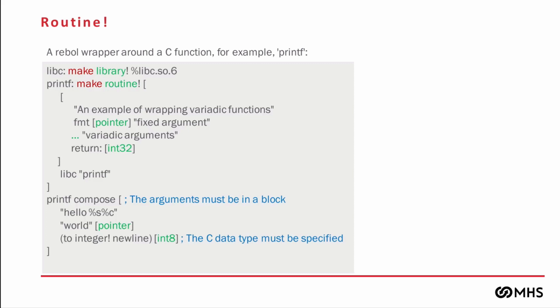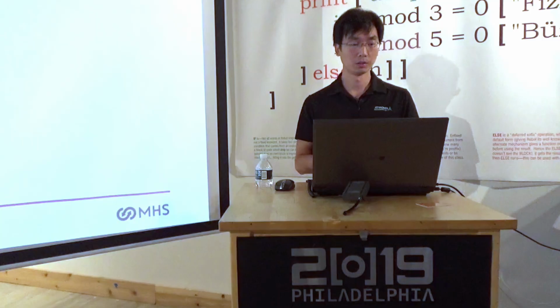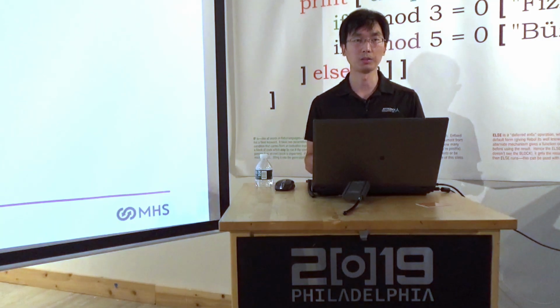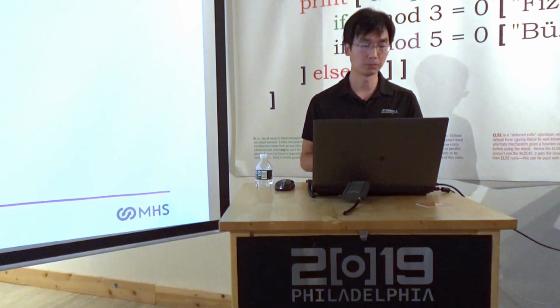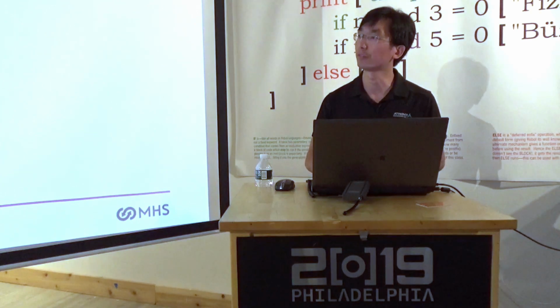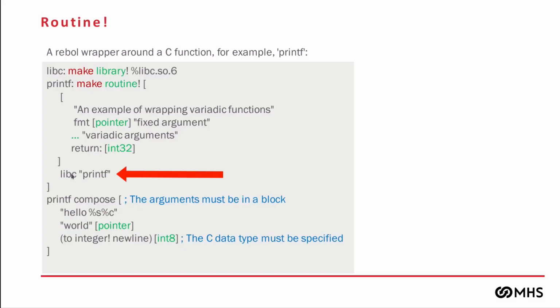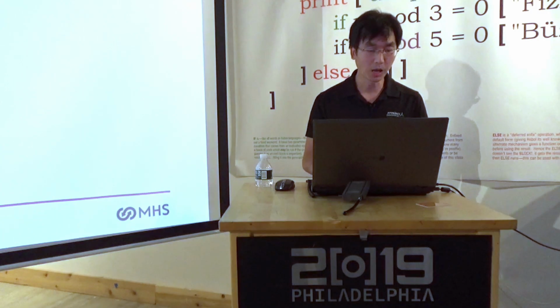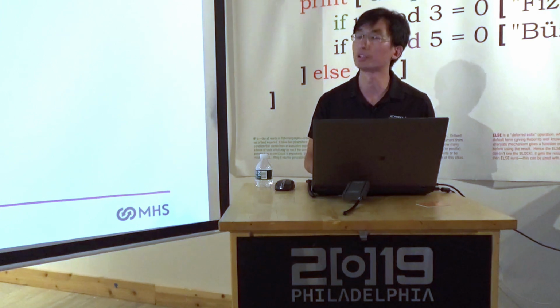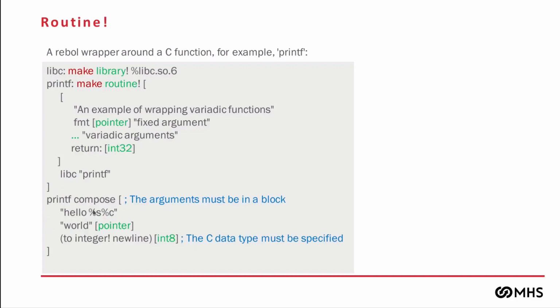And then here you can actually have the variadic arguments. Just use 3 dots. And you need to specify the return type because the return type is part of the C function prototype. Then you just specify the library where this function is and the function name.